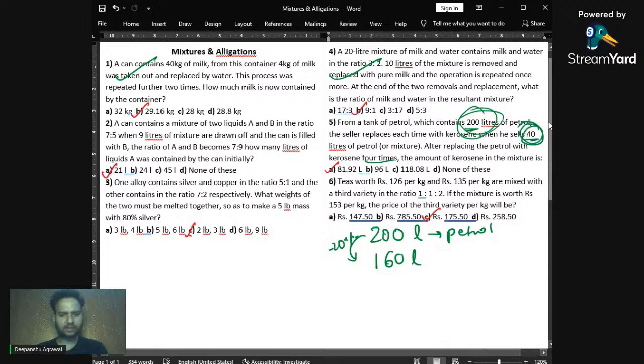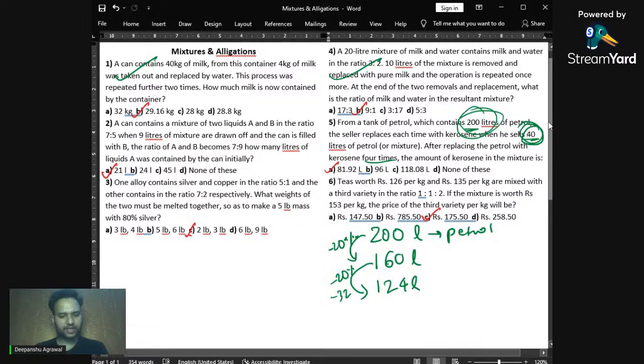We don't actually have to calculate the other quantity. We have to focus on the primary quantity. So again, 20% of 160 is being taken out. So 160 minus 20% of 160 would be minus 32. So minus 32 will give us 124 liter of petrol.